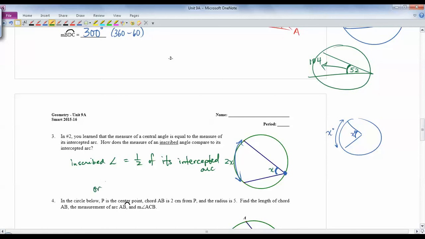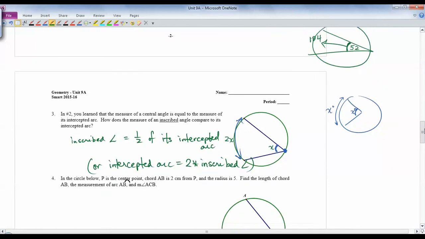Or the intercepted arc equals 2 times the inscribed angle. Okay, so that one will come in handy for some future problems.